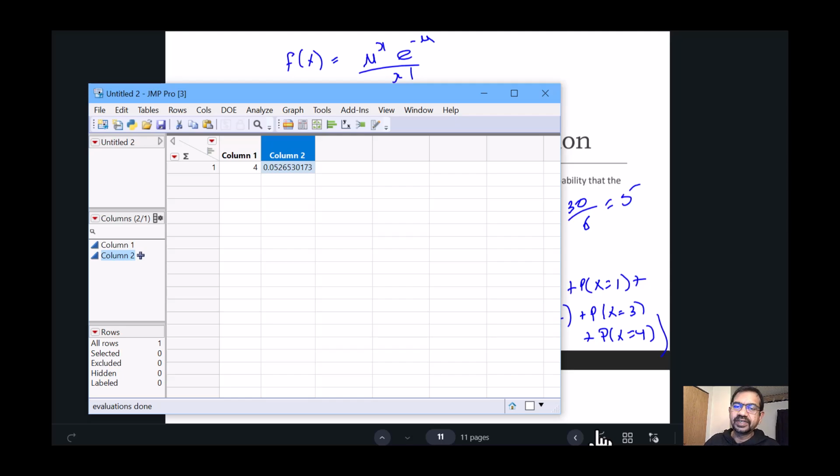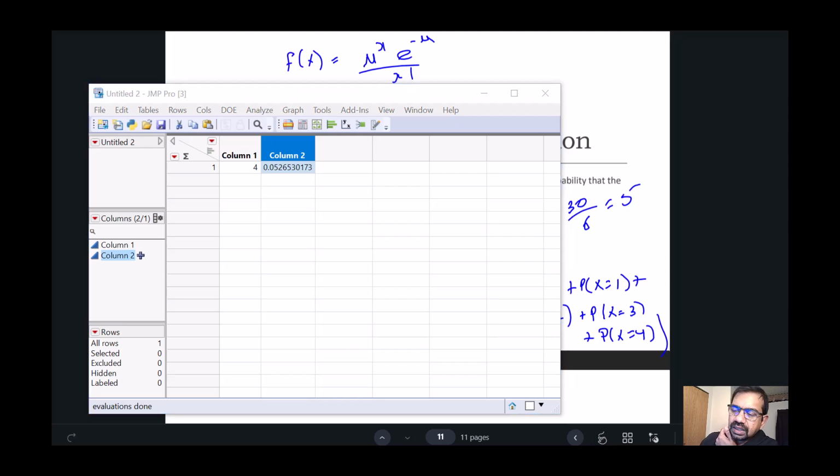So the probability of getting more than 4 is 0.052, or about 5.26%. So there is a 0.052 probability that this call center may get more than 4 emails in that 6-minute interval.